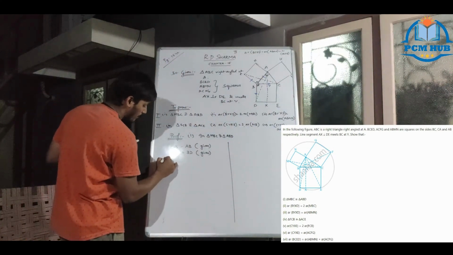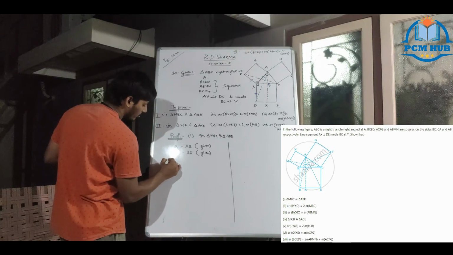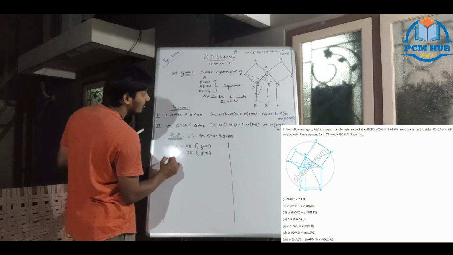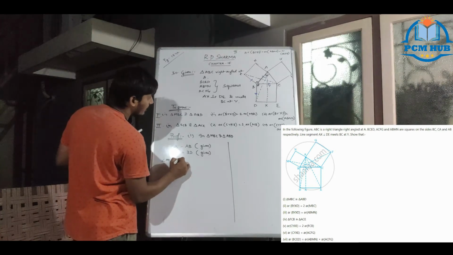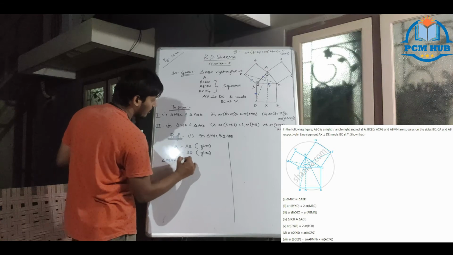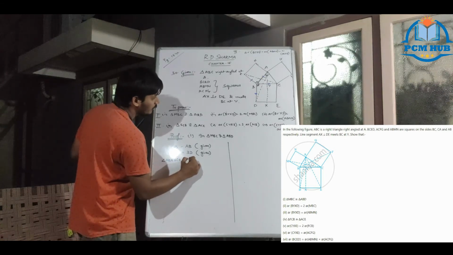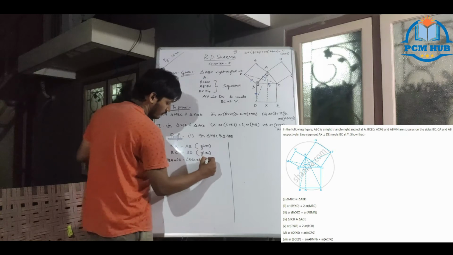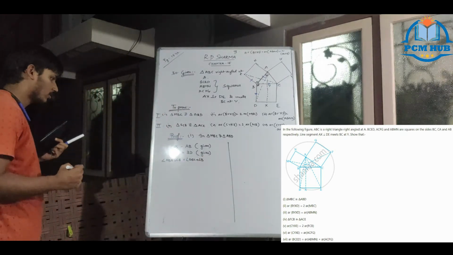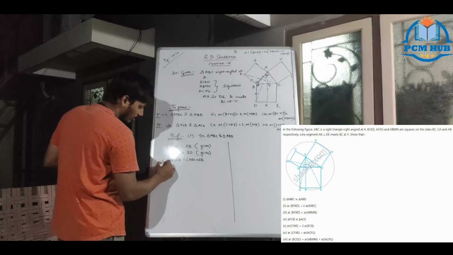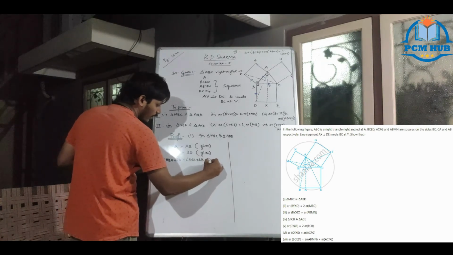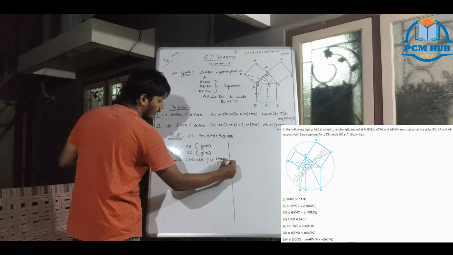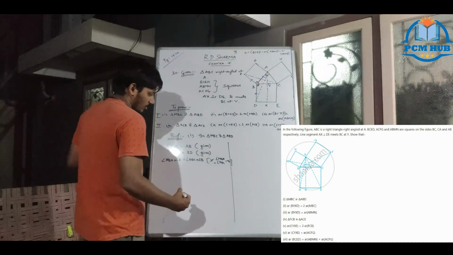So angle MBA plus angle ABC, which is the pure angle B, equal to angle DBC plus angle B. We can prove because angle MBA equal to angle DBC equal to 90 degrees.